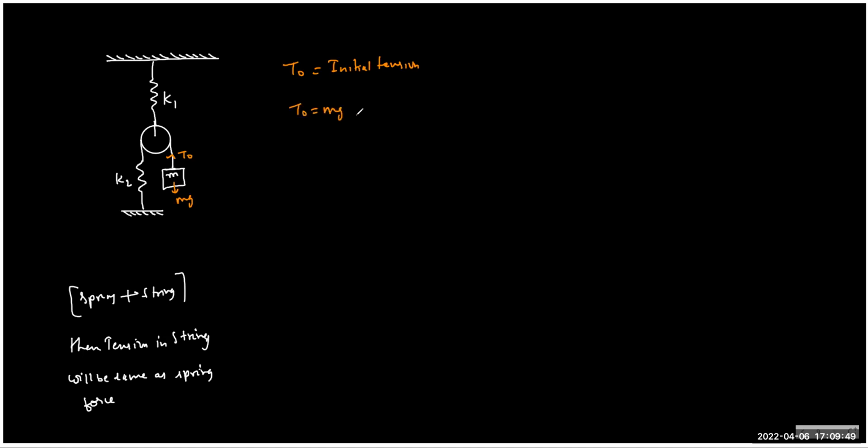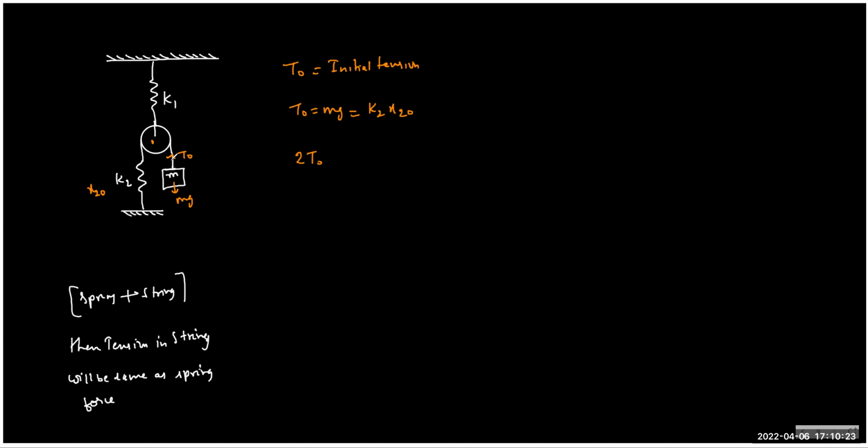But this is not the only case. In fact, this also equals K2 X2 naught, because I don't know the elongation; let's call the initial elongation X2 naught. What about the upper spring? What is the tension there? The upper spring will have tension 2T naught if you look at the pulley. For this pulley, the downward pull is 2T naught.